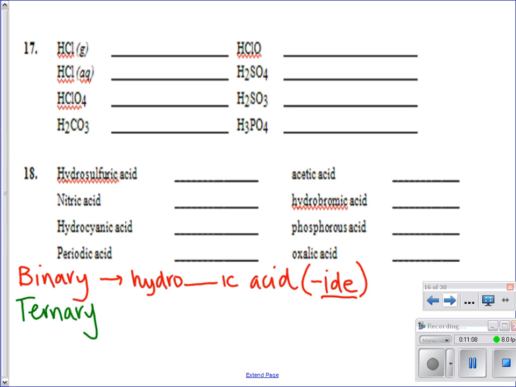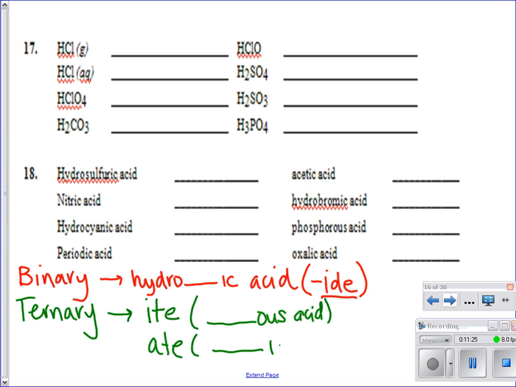So let's go back to the ternary. The ternaries have your polyatomics in them. If your polyatomic ends in ITE, the acid is blank-ous acid. If the polyatomic ends in ATE, the acid is blank-ic acid.